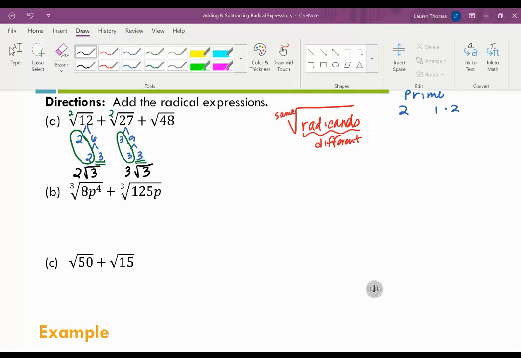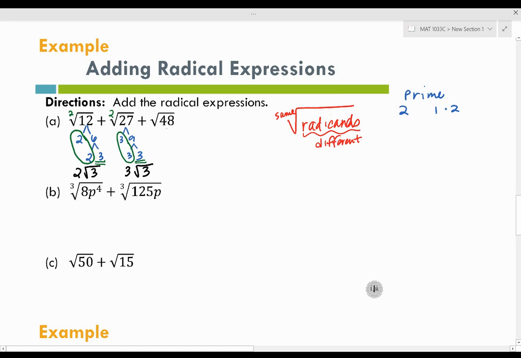All right, let's break down the next one. 48 is the same thing as 2 times 24. 24 is 2 times 12. 12 is 2 times 6, and 6 is 2 times 3.